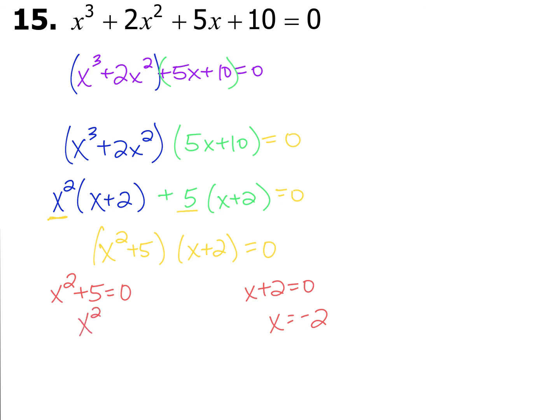That's x squared equals negative 5. I take the square root of both sides to get x is equal to plus or minus i times the square root of 5. Now let's put that into a solution set. We would have x equals the set of negative 2, plus or minus i times the square root of 5.